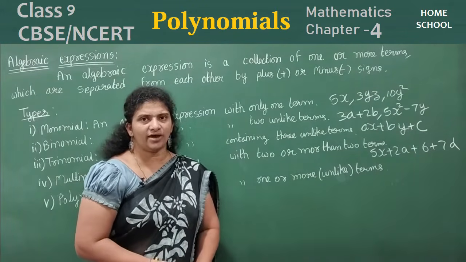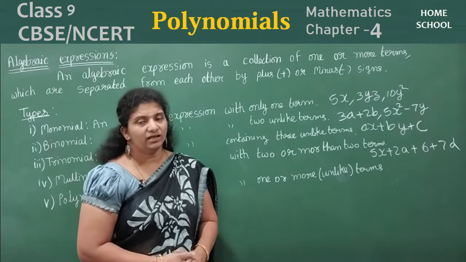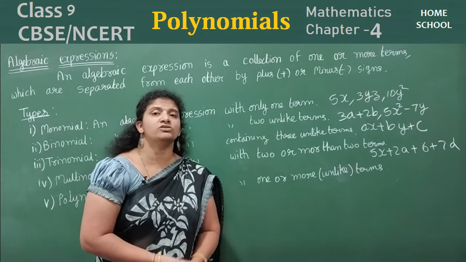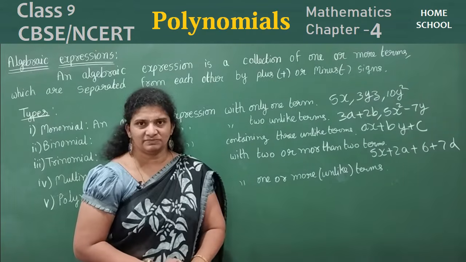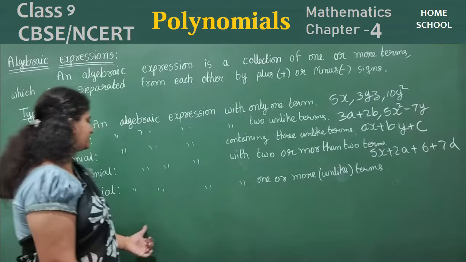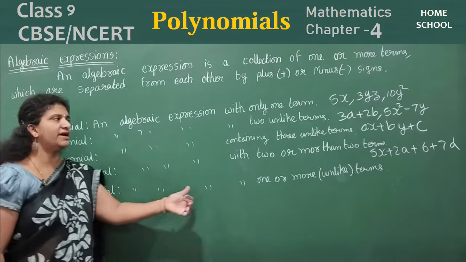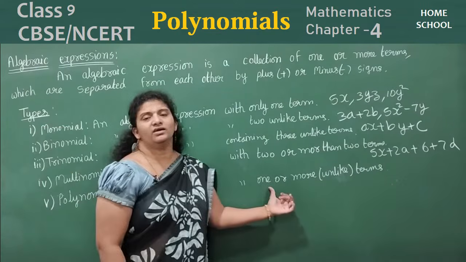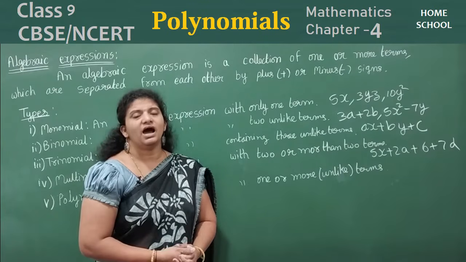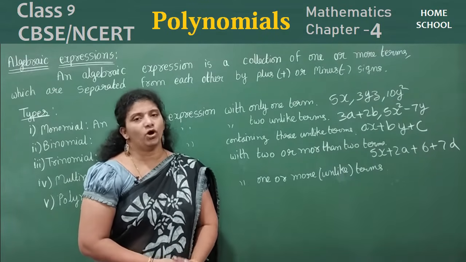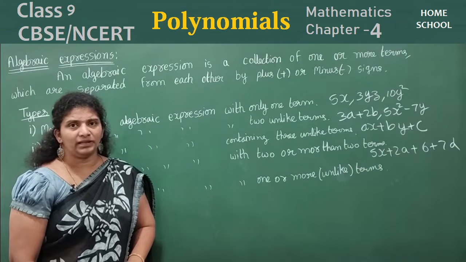Four terms. So we call it a multinomial. This multinomial is also a polynomial of having four terms. Okay, so next, coming to polynomial, an algebraic expression with one or more unlike terms is called a polynomial. See here, all these come under polynomial.